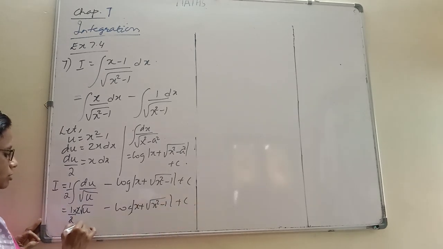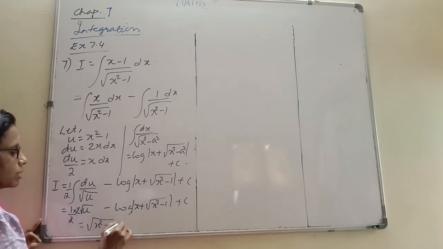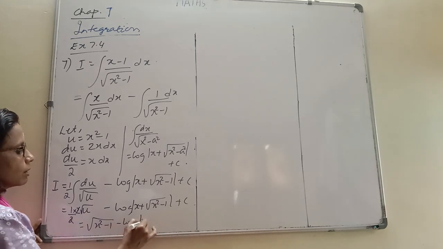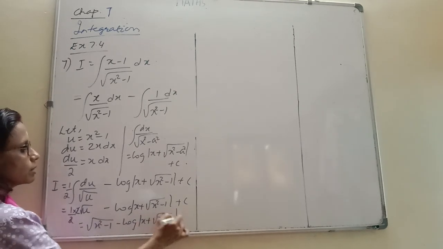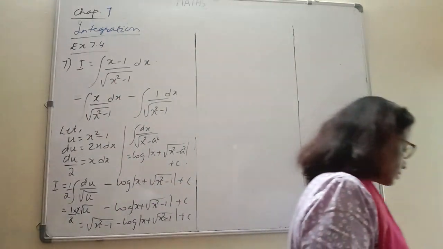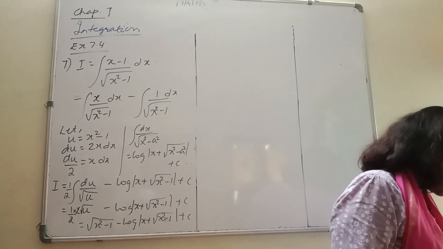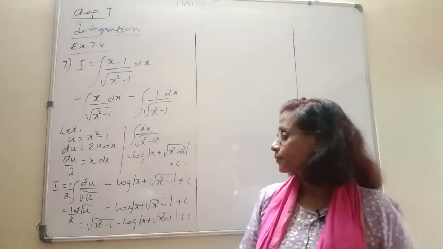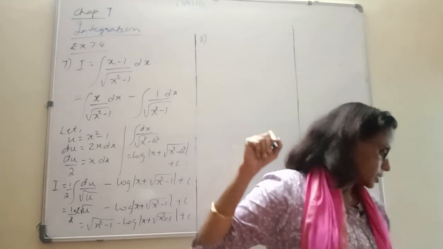So net effect, your answer is root of x squared minus 1 minus log modulus x plus root of x squared minus 1 plus c. So it's about timely detecting of that matter and then doing it. Then we can come quickly to the 8th problem and see what it says.